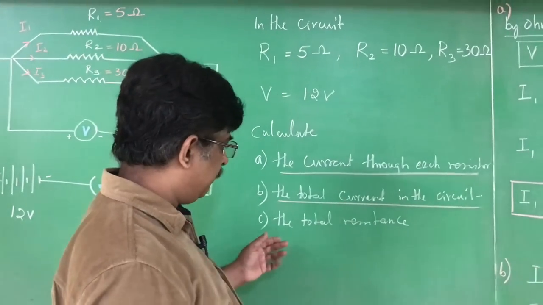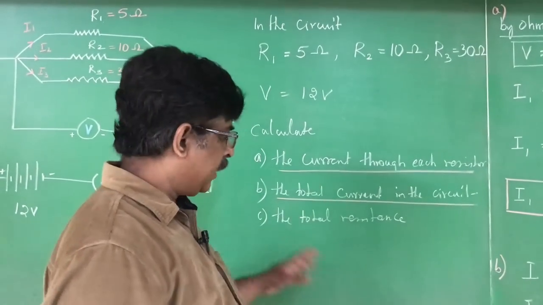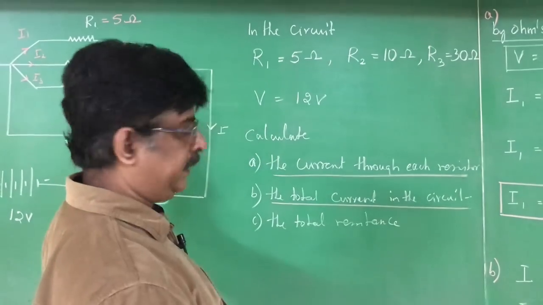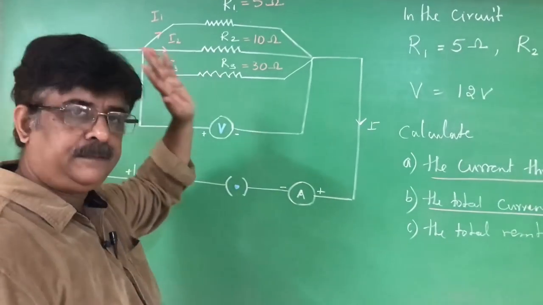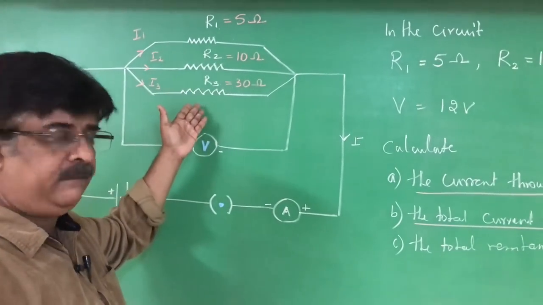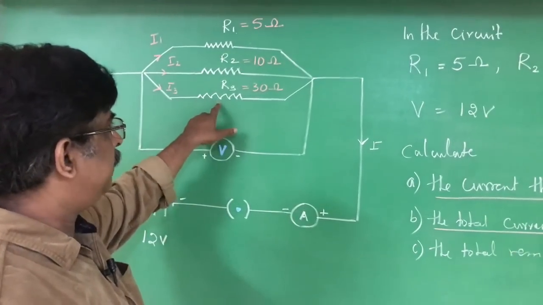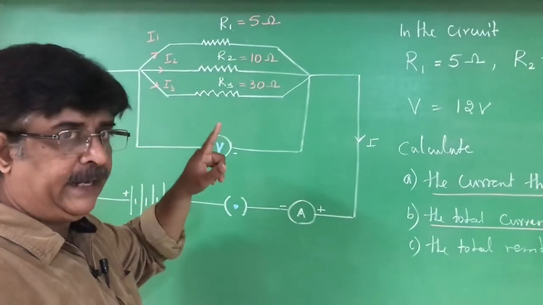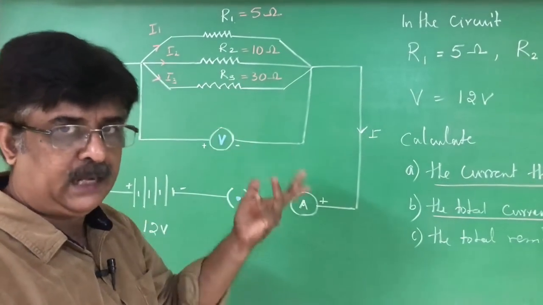The third part of the problem is we have to calculate the total resistance. To calculate total resistance, first you have to see the circuit. Is it parallel or series? The circuit is parallel. We can easily see by looking at the diagram. When the resistors are in parallel, the formula is 1 by Rp is equal to 1 by R1 plus 1 by R2 plus 1 by R3.